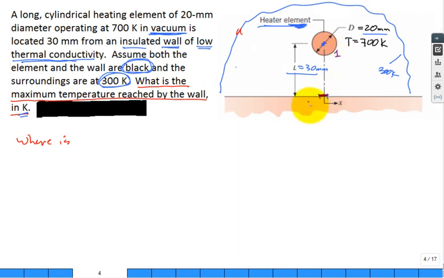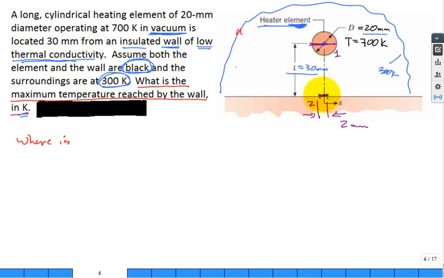Doesn't really matter in my notation. Let's say this is the diameter, 20 millimeter. Down here I'll say this is 2 millimeter, 1 millimeter on either side of the point of maximum.